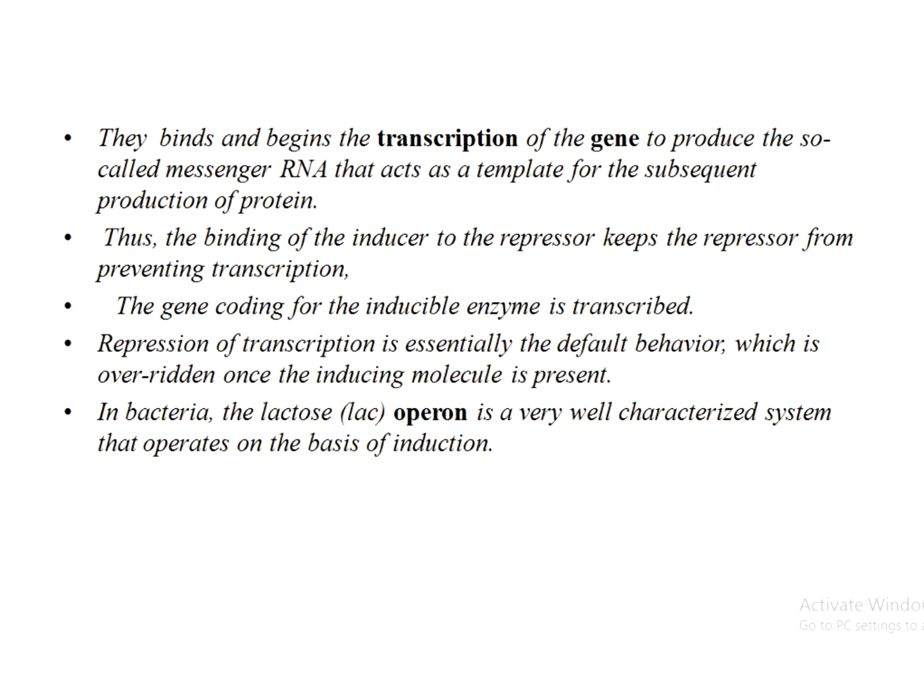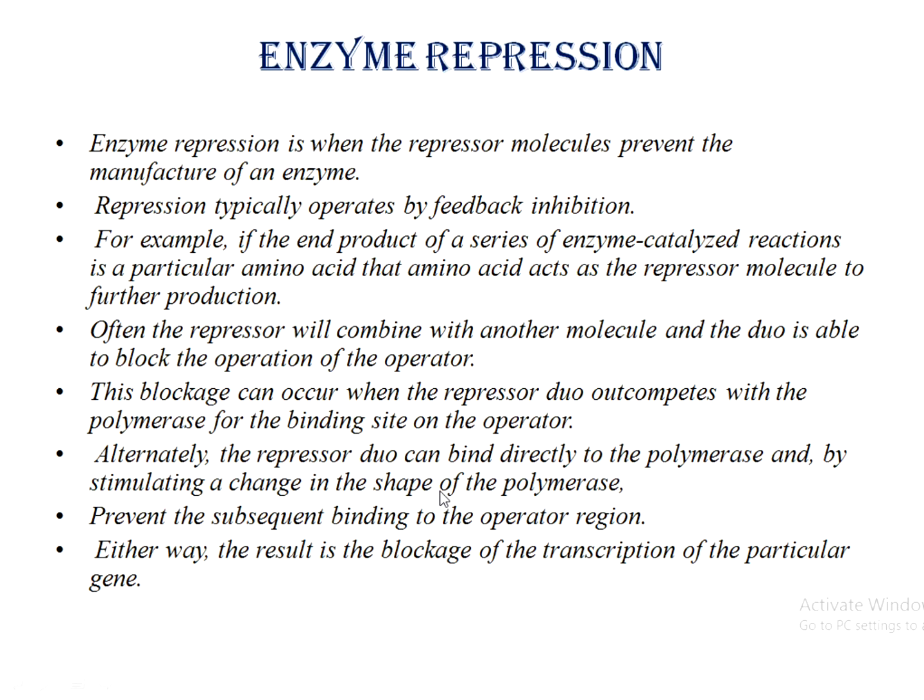So this inducer-repressor binding keeps the repressor from preventing the transcription, and the gene coding for this enzyme is also transcribed. In bacteria, the lac operon is a very good example that operates based on this induction.